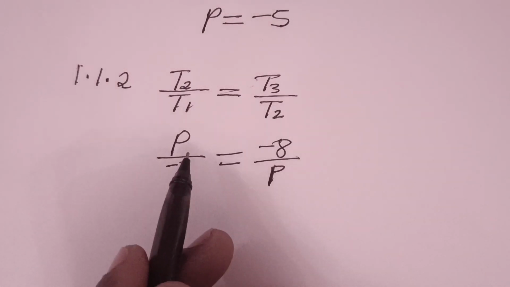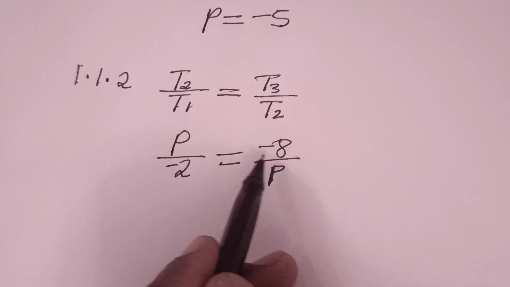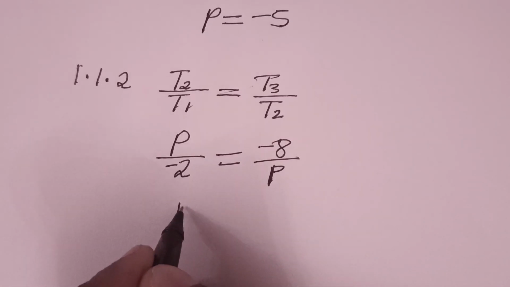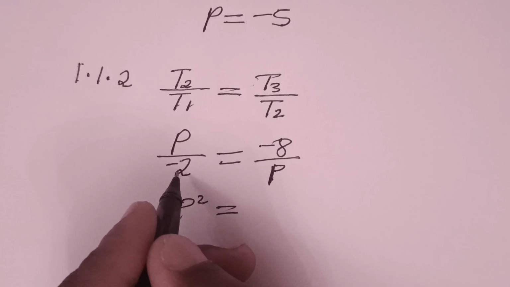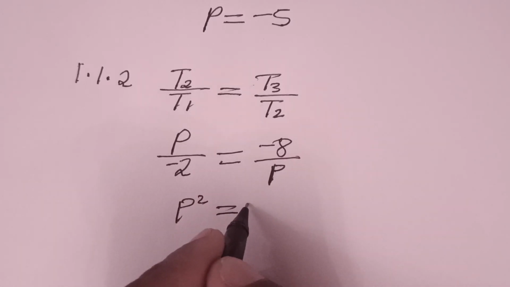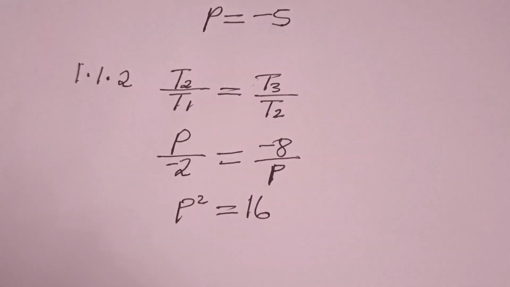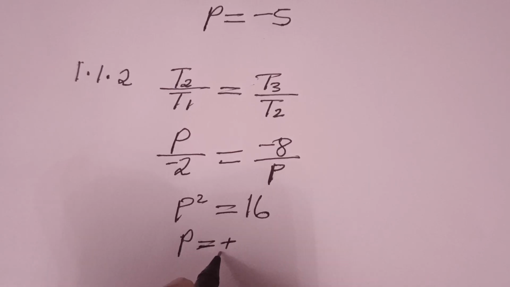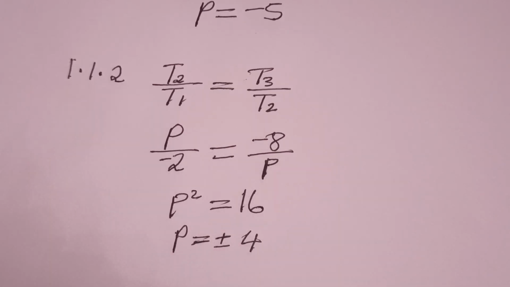In this particular instance, there's one term on each side, so you cross multiply because there's an equal sign. When you cross multiply, you get p squared, and -2 times -8 is equal to 16. An enemy of an enemy is a friend. When you put a square root on both sides, you realize that p is plus or minus 4.